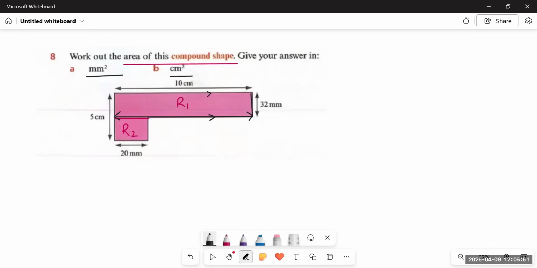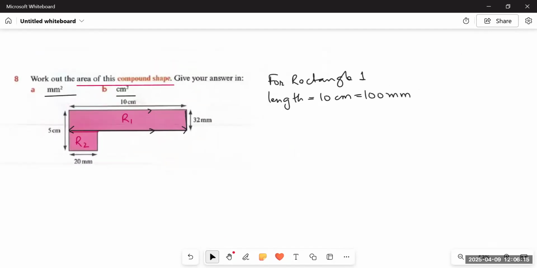So for rectangle 1, length is equal to 10 centimeters, and 10 multiplied by 10 is equal to 100 millimeters. I'm not showing the calculation. Or you can write the scale over here that 1 centimeter is equal to 10 millimeters. So whatever centimeters you are provided with, you can simply convert into millimeters by multiplying by 10.